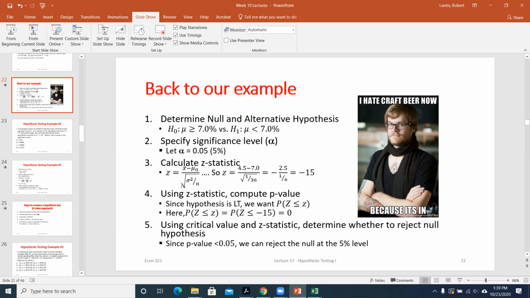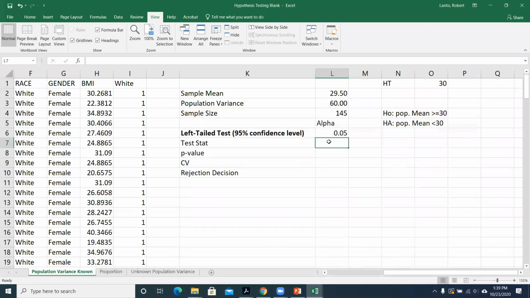The equation we had for that was the square root of our population variance over our sample size. So that's what we're going to enter in here. I have to put in parentheses our sample mean that we found, subtract our assumed true value for the population mean, and divide that by the square root of the population variance we were given, divided by our sample size.